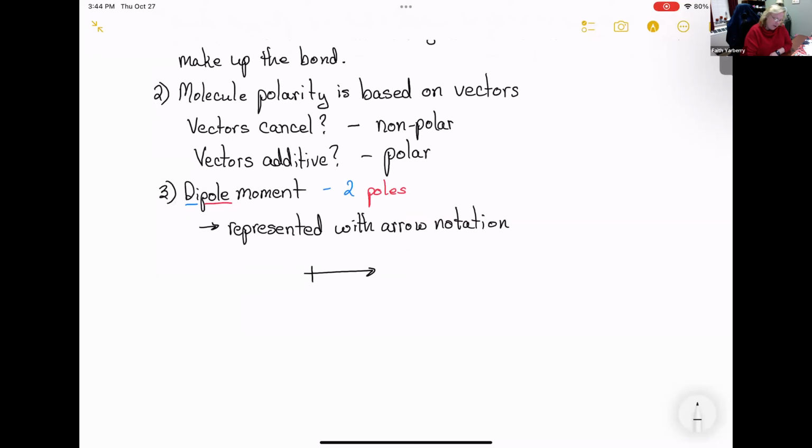The head of the arrow will point towards the more electronegative atom, whereas the other end of the arrow points towards the less electronegative atom. And when I'm talking about this, we're talking about in a bond.